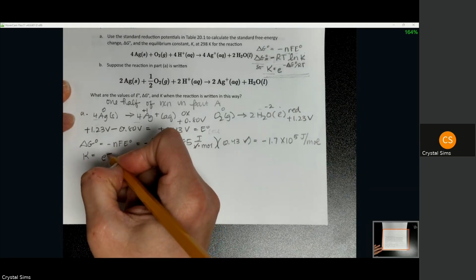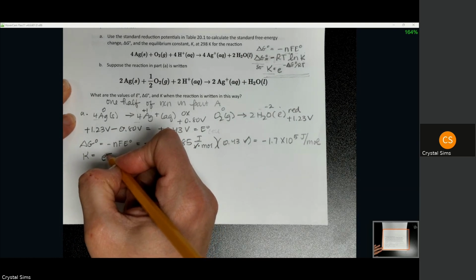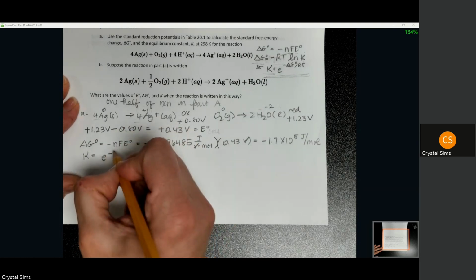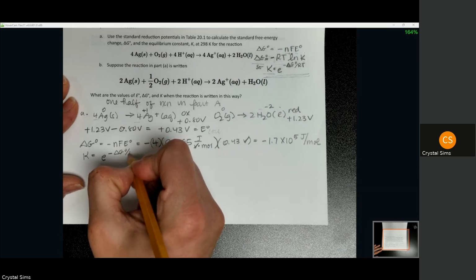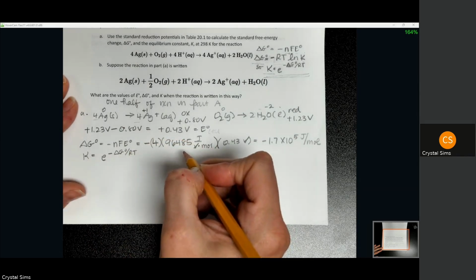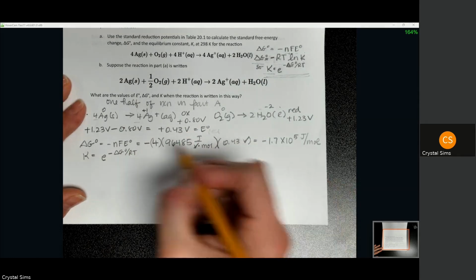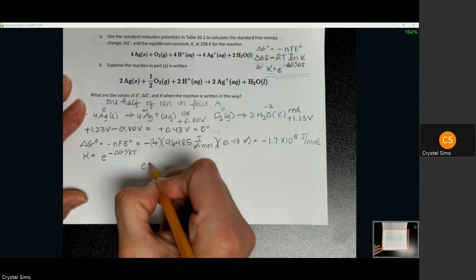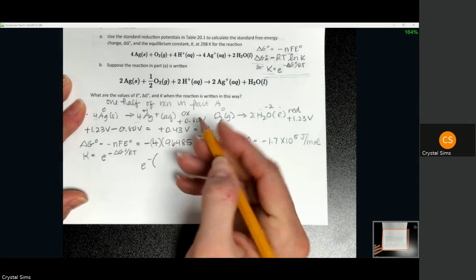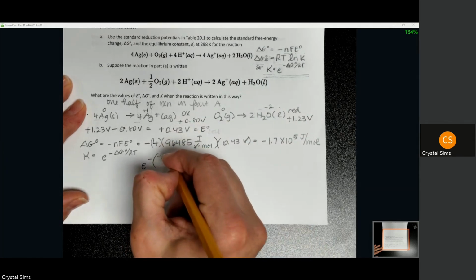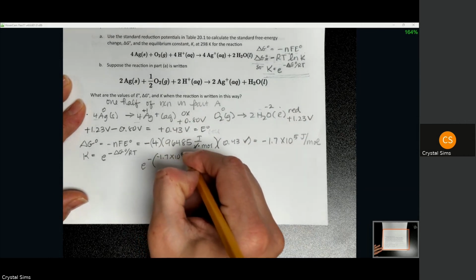And remember, this E value here comes from the reverse natural log. So when I put this in, I'm going to have E to the negative, and then I'm going to open a parentheses here to get all this in here. So 1.7 times 10 to the 5 joules per mole.